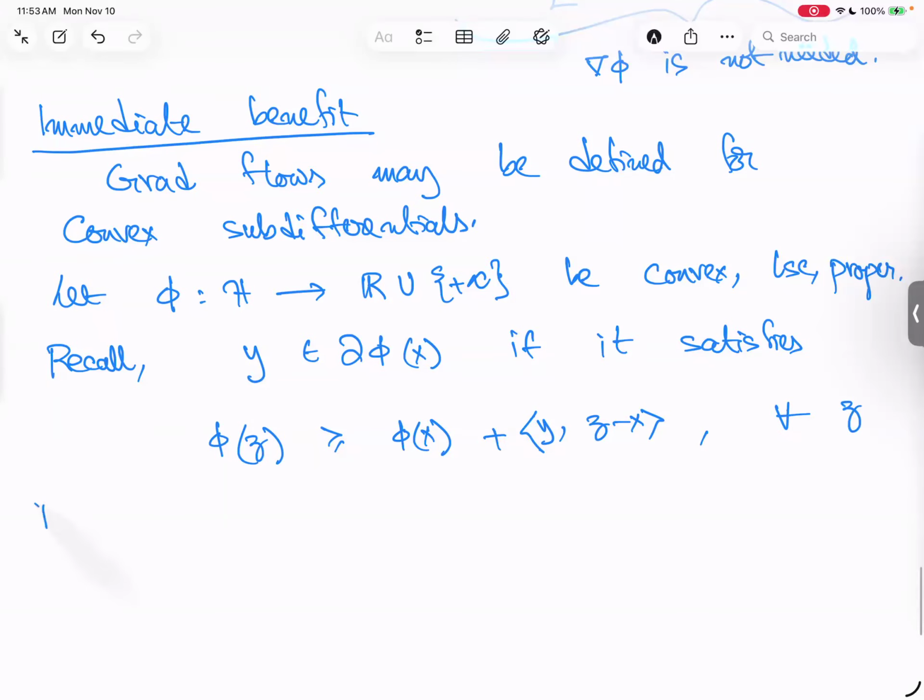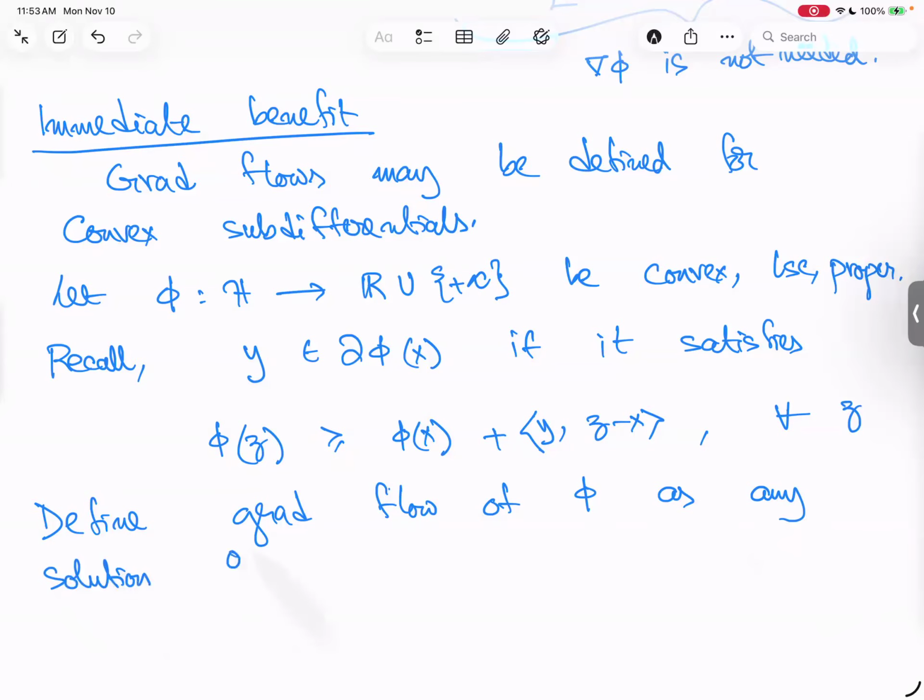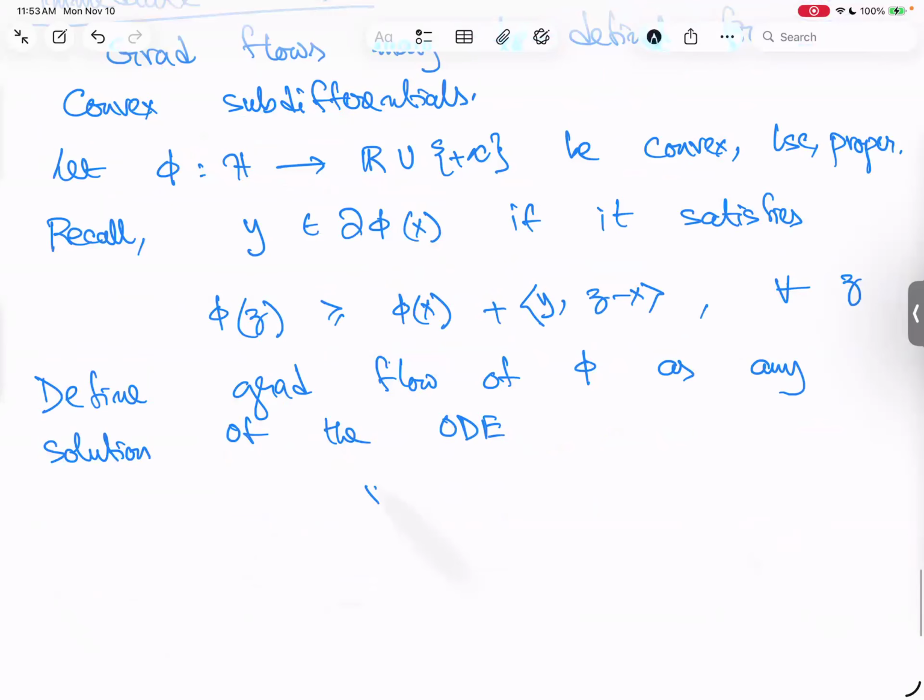And so define gradient flow of phi as any solution of the ODE where you now write x dot t is an element in the subdifferential of the function phi at xt.